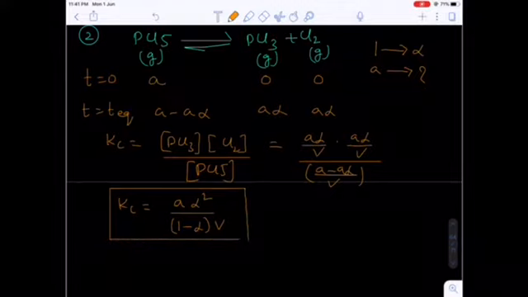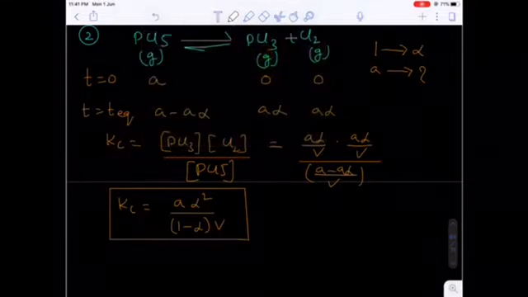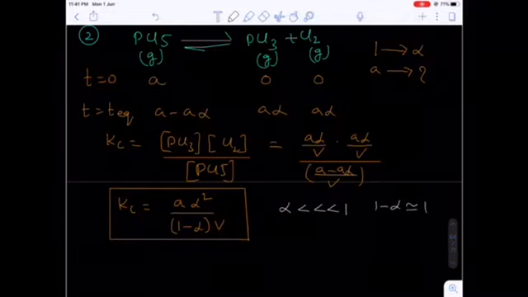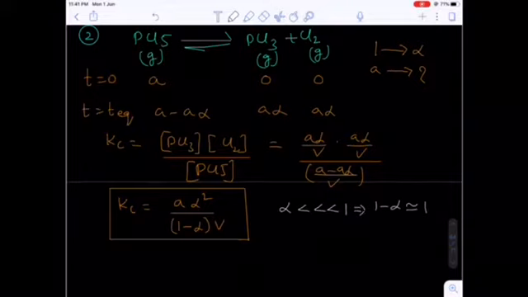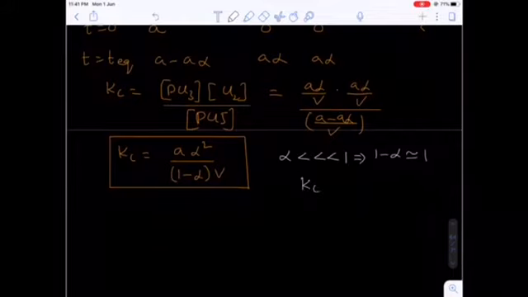Okay, now in this expression, let's suppose you consider the alpha value, that is the degree of dissociation, is very much smaller than 1. So in the denominator, instead of 1 minus alpha, shall I write almost equal to 1, because alpha is negligible.